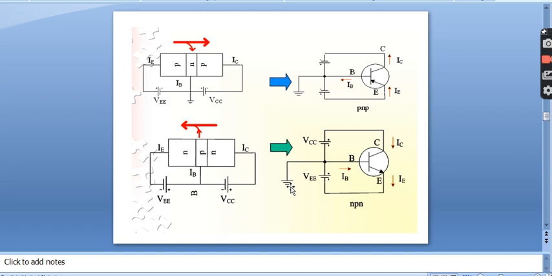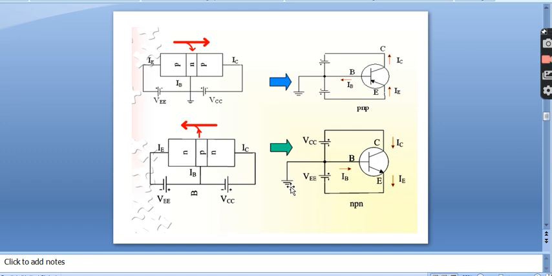Now, we already know there are two types of transistor, PNP and NPN. We are studying the common base configuration, so we connect both the PNP transistor and the NPN transistor in common base configuration. Now look into these circuit diagrams.